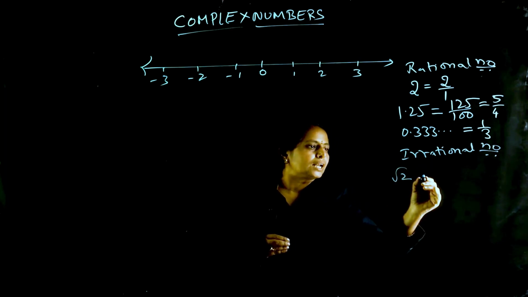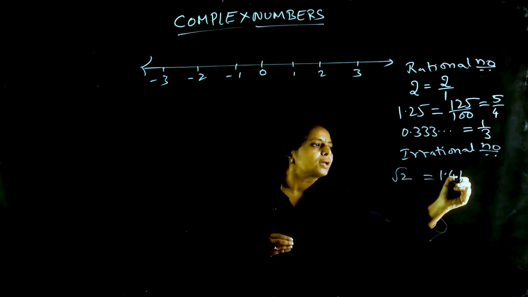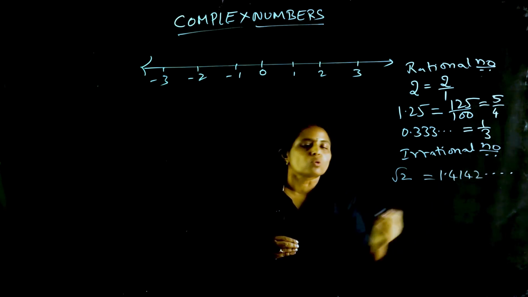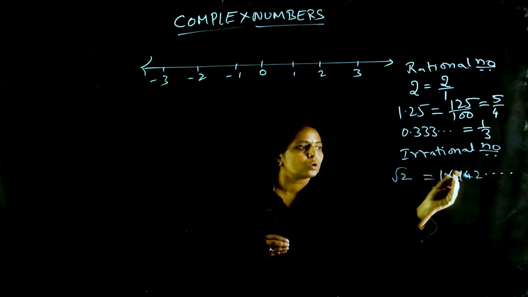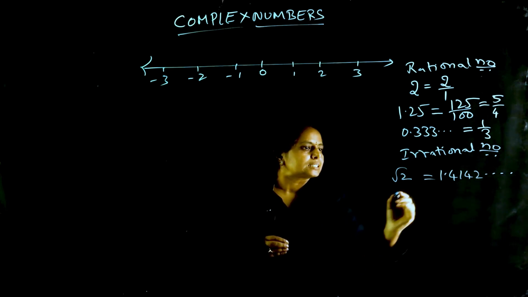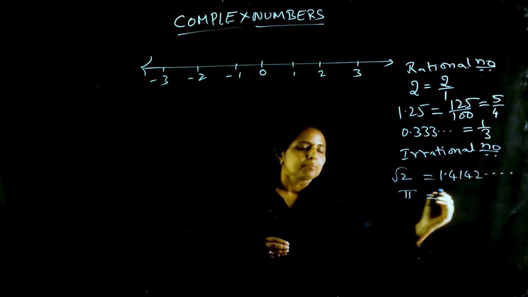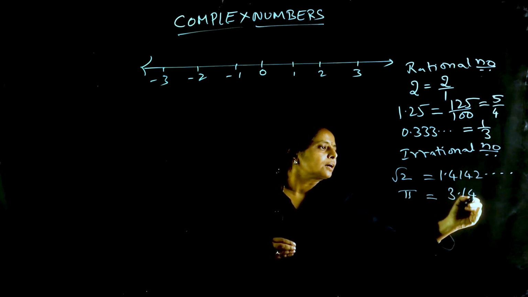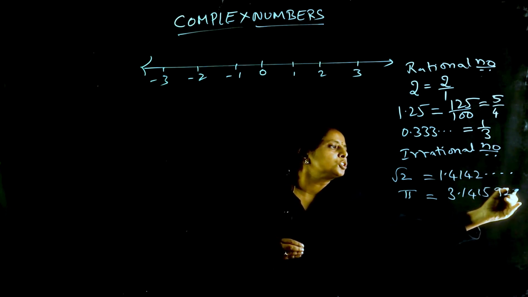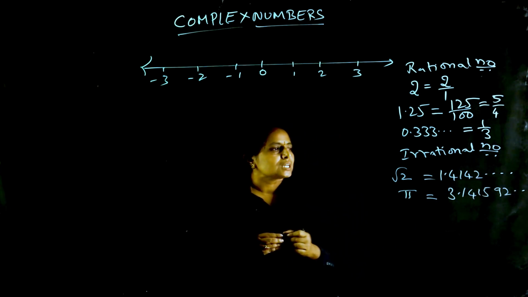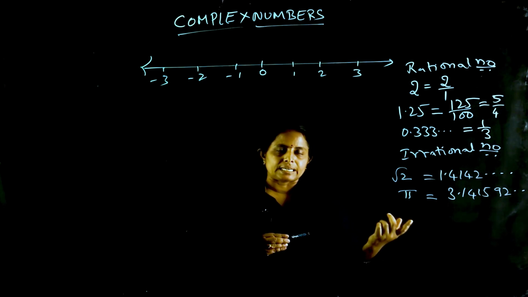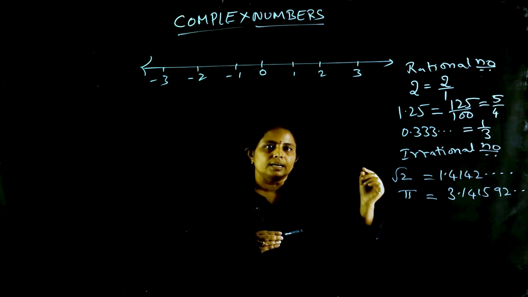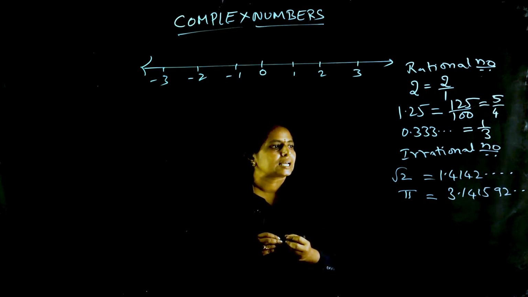The value of root 2 is 1.4142 so on. It never ends and no number will be repeated. Take the value of pi. Pi is 3.141592 so on. So such non-terminating, non-recurring decimals are called irrational numbers.